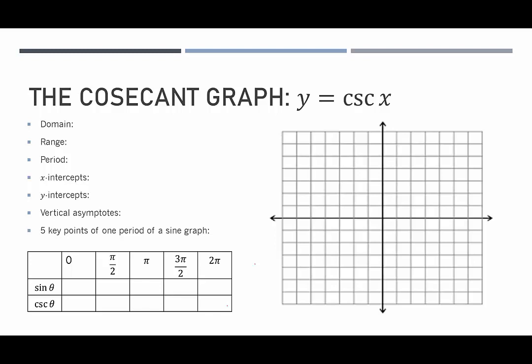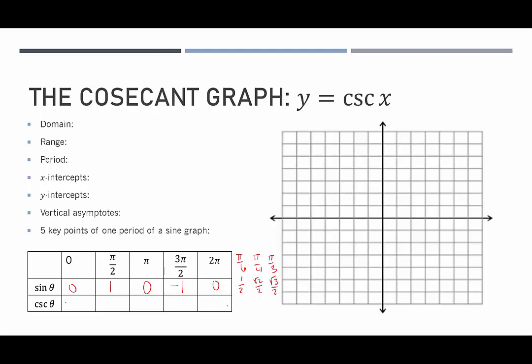Before we look at the cosecant graph, we'll look at the table first, and we'll include our pi over 6, pi over 4, and pi over 3. So starting with sine of 0 is 0, sine of pi over 2 is 1, pi would be 0, 3 pi over 2 is -1, 2 pi is 0, pi over 6 is 1/2, pi over 4 is root 2 over 2, and pi over 3 is root 3 over 2. We're going to use that to fill in the cosecant.